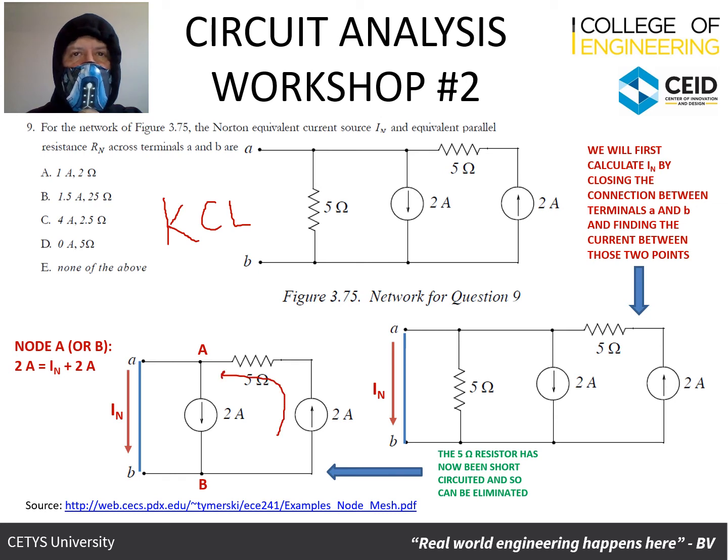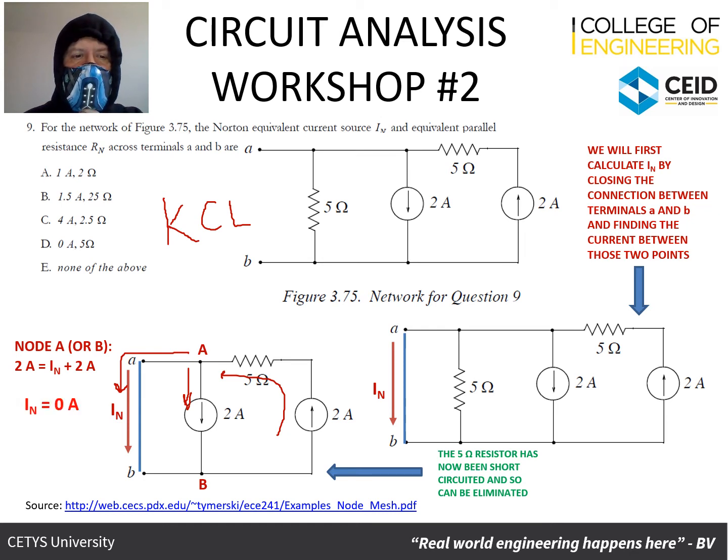These correspond to this current source. 2 amps are going out that correspond to this current source. And IN, which is the Norton current, is the one that is going out of the node.